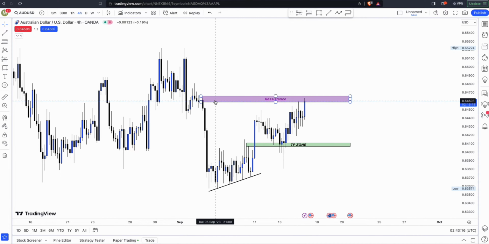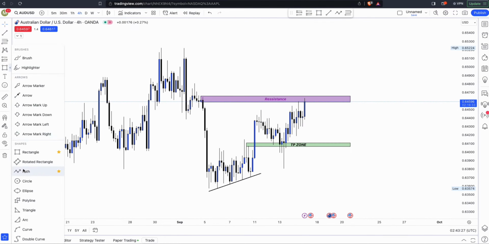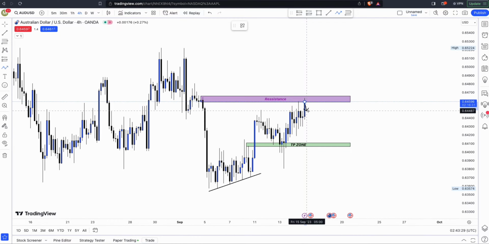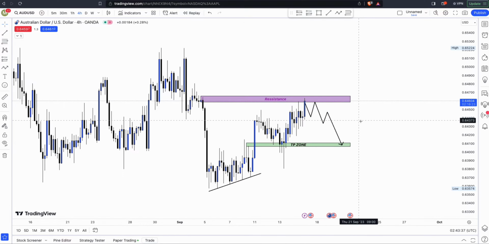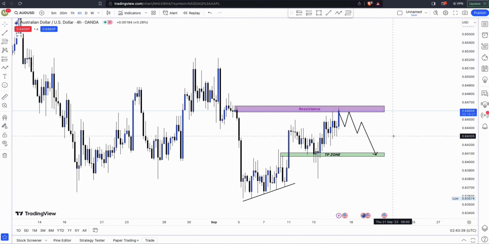Price has hit our resistance, and now we're going to have a fall. So what we're going to expect is a downfall. We're going to draw a path. We're at the zone, we're going to come down a little bit, go back up, come down, go up, and then come down to our zone. We can expect that.